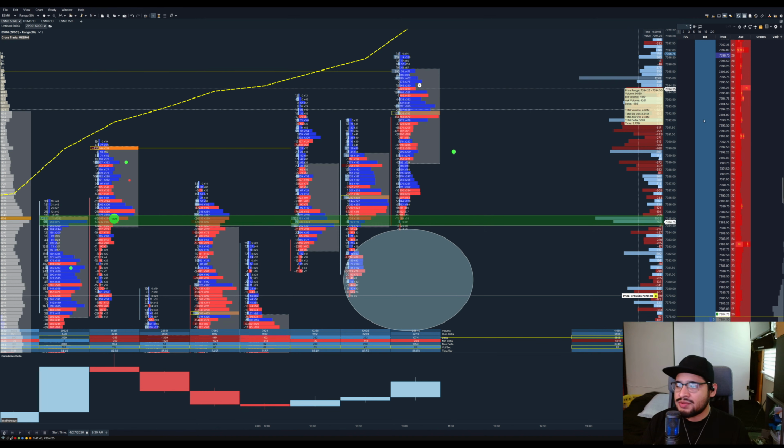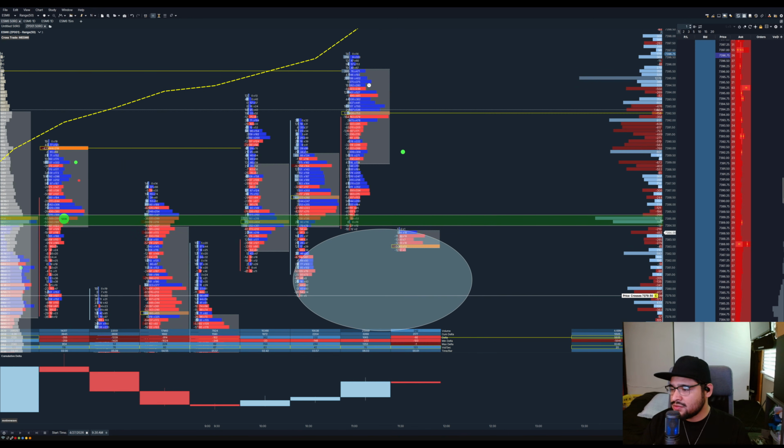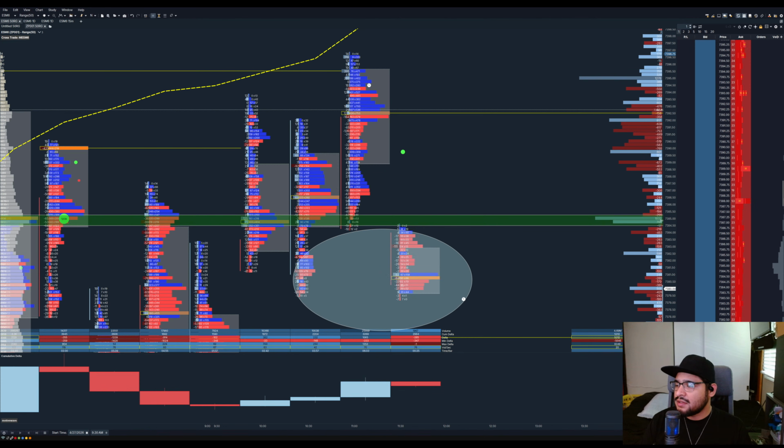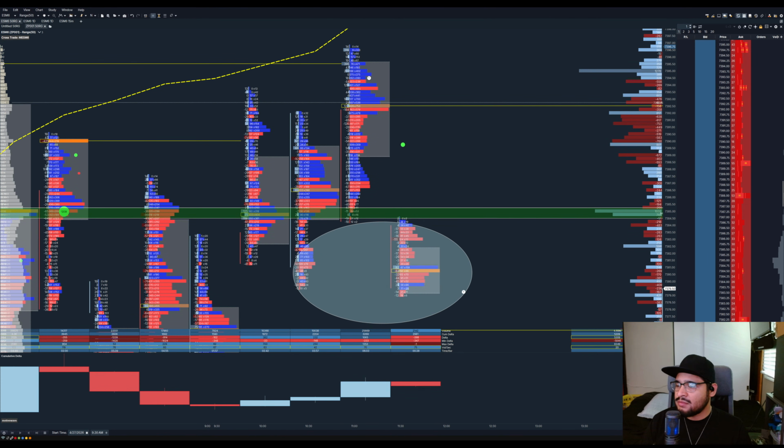I'm tempted to short here down to the session VWAP, but I really want to see. Let me disable that. We're right below. Let me reset this. I feel like MotiveWave got clunkier with one of the last few updates.